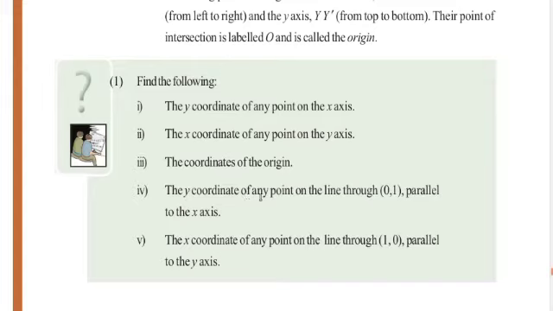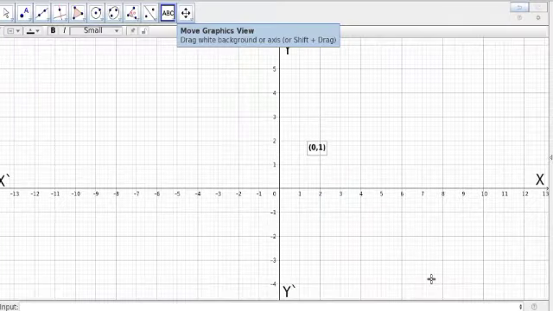Next, fourth sub question. The y coordinate of any point on the line through 0, 1 parallel to the x-axis. I will show that. See, our point is 0, 1.